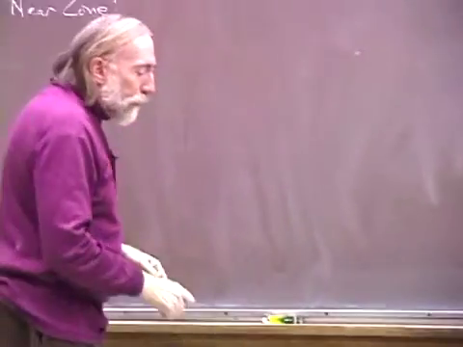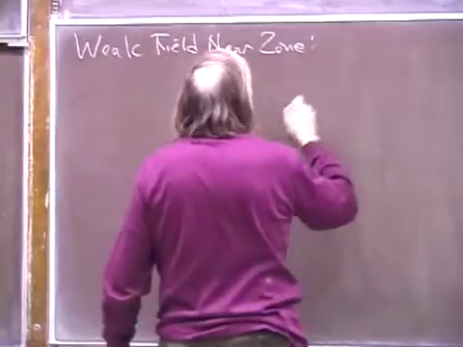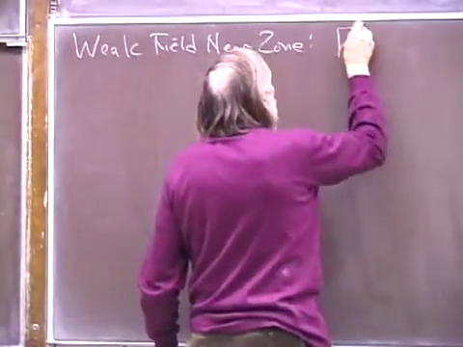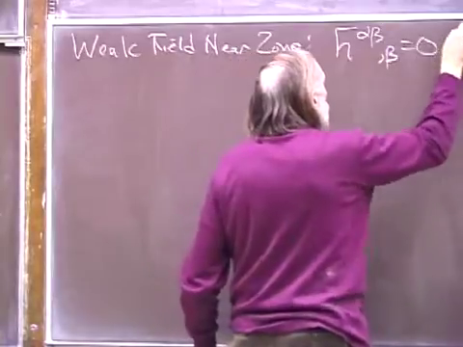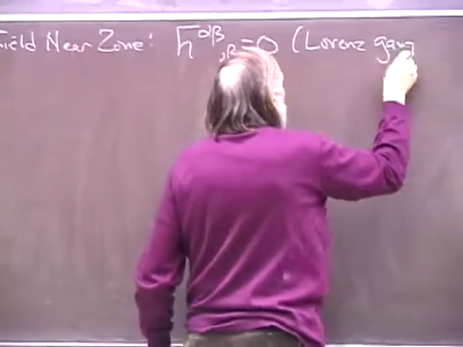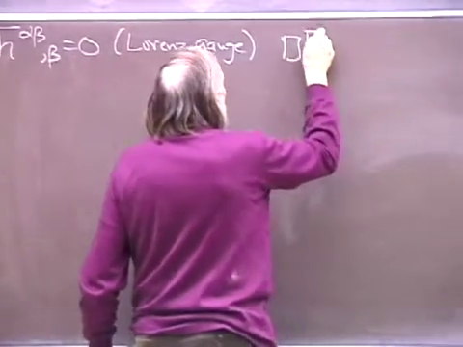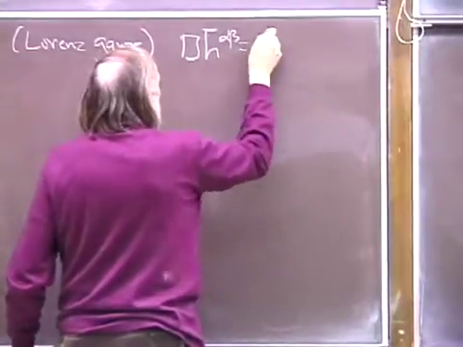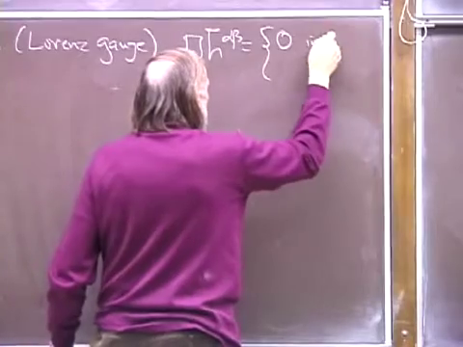In the weak field near zone, and in the local wave zone as well, the equations one has to solve are the Lorentz gauge equations and the Einstein field equations, which is box h bar alpha beta equals 0 in the vacuum.